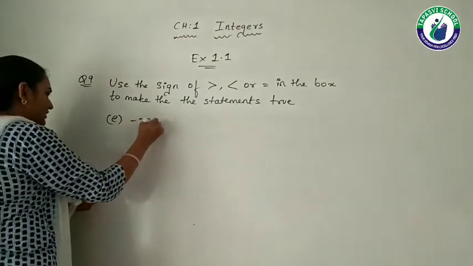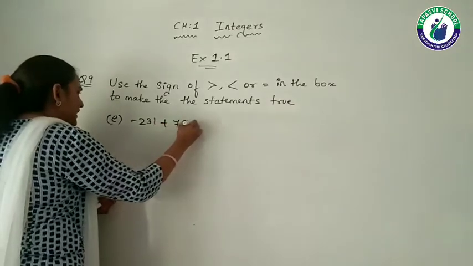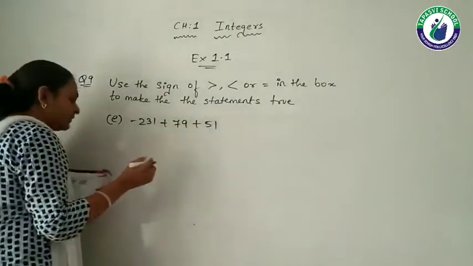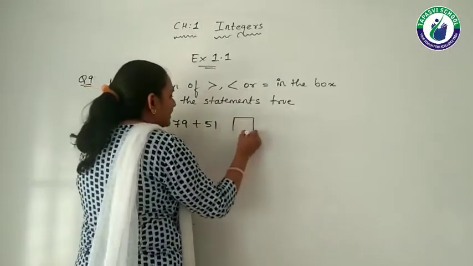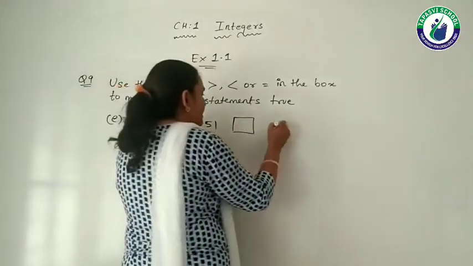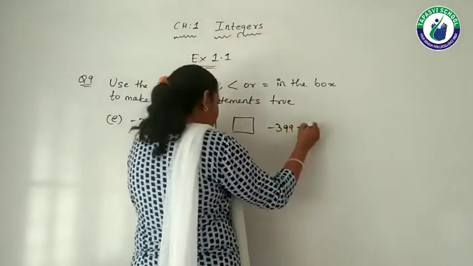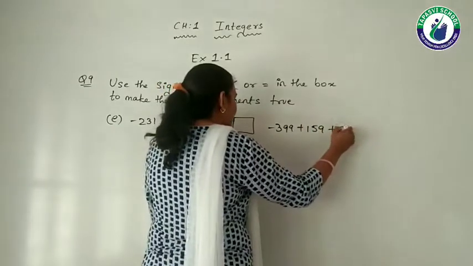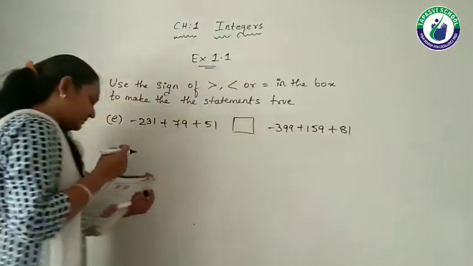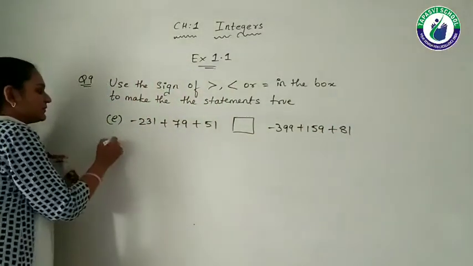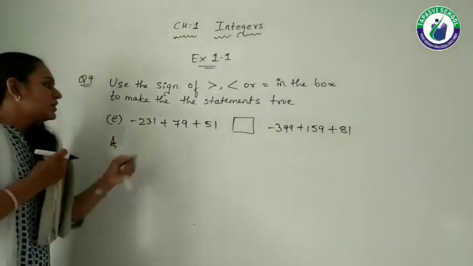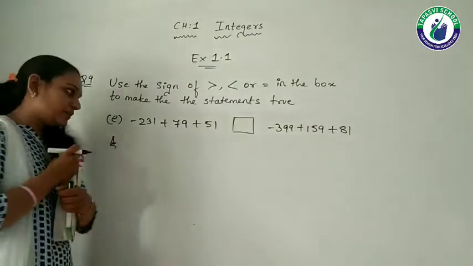Minus 231 plus 79 plus 51, right? We need to compare with minus 399 plus 159 plus 81. Is it okay, students? Now, let's first start solving the left hand side.